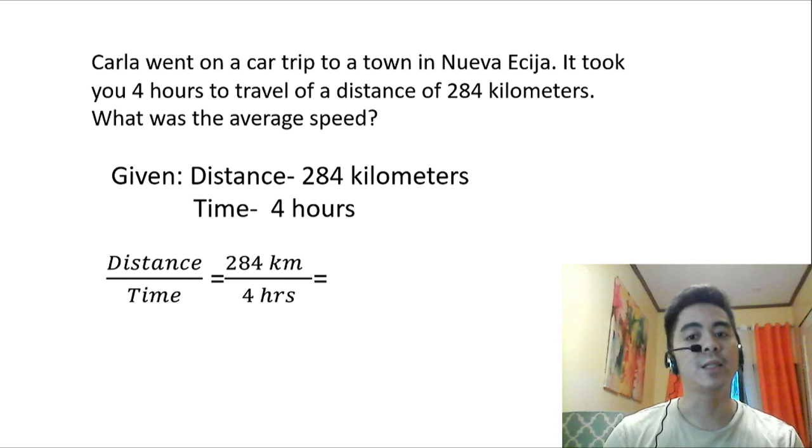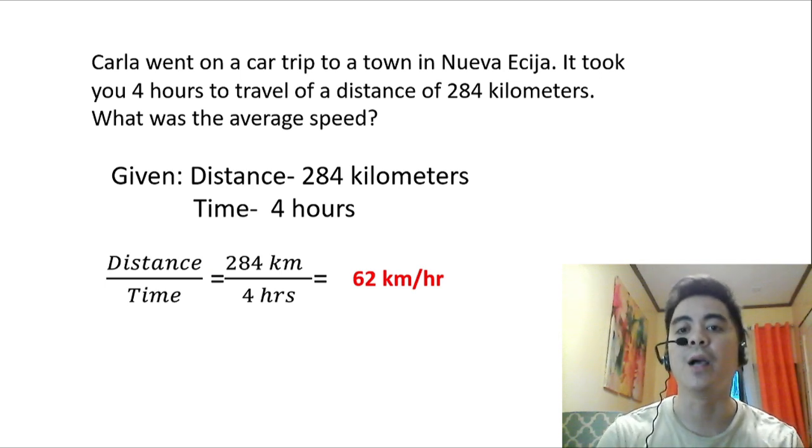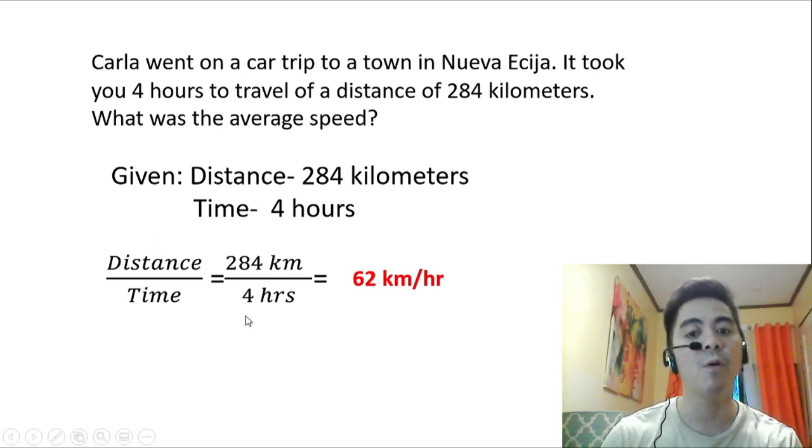We write it in horizontal form: distance divided by time. So 284 kilometers divided by 4 hours. The answer is 71 kilometers per hour. That is the average speed.